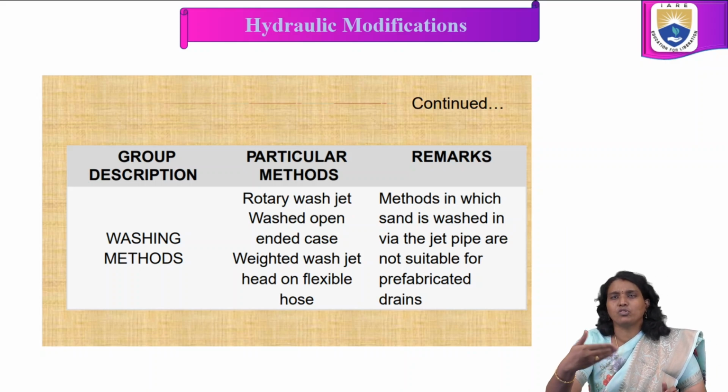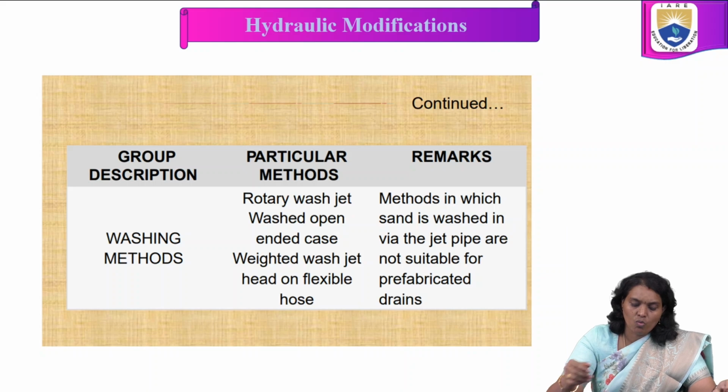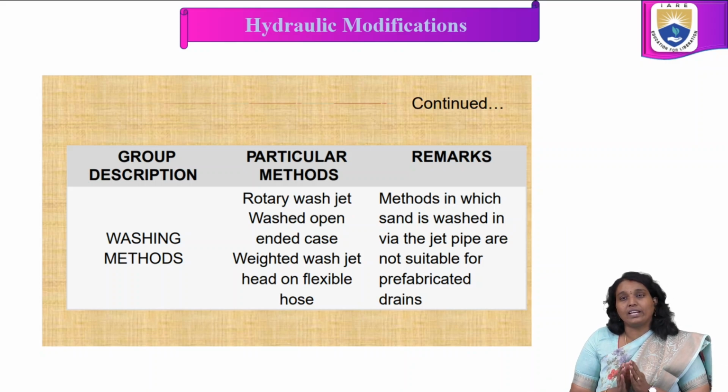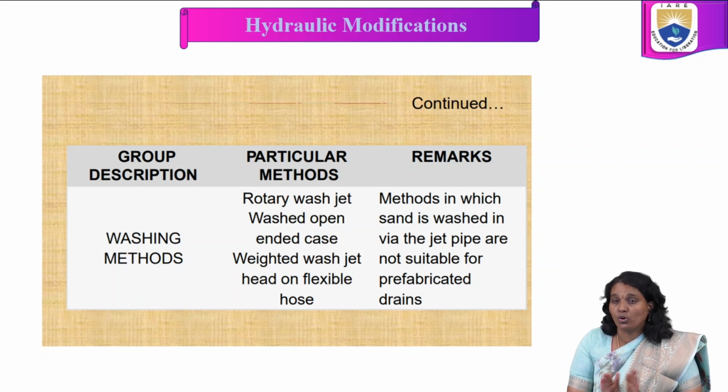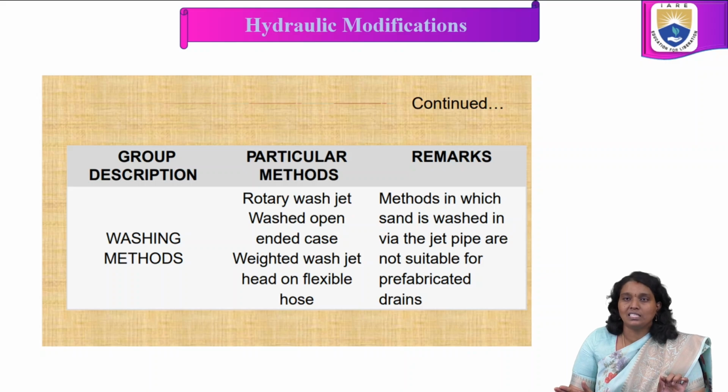The different kinds of washing are rotary wash jet and open-ended casing, and the weighted wash jet, hand-held flexible hose. Based on those methods, we wash out the sand via the jet pipe.